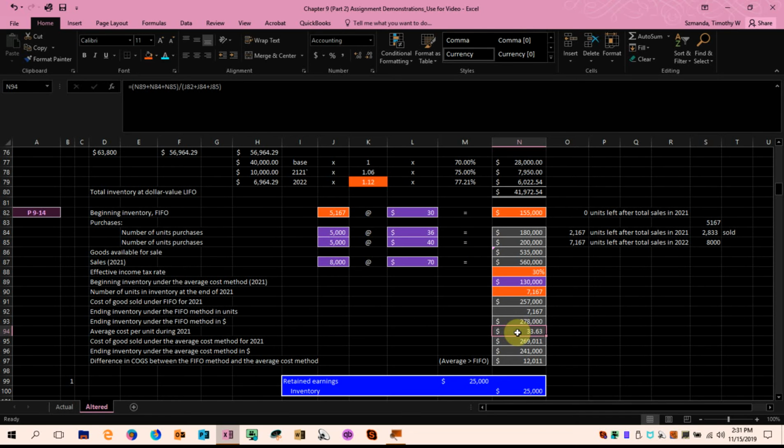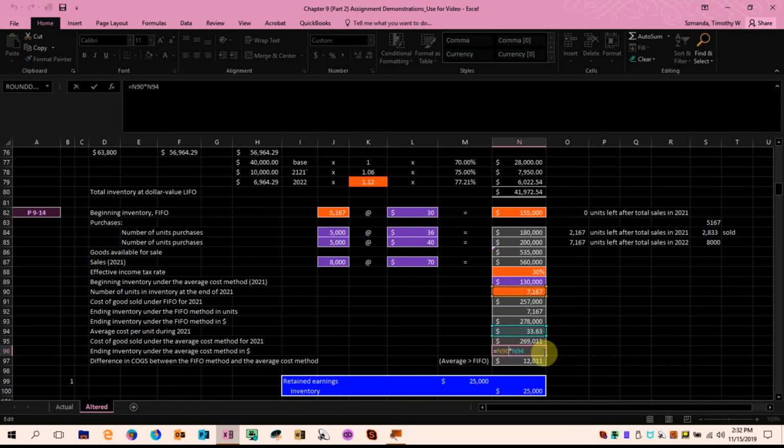Once I have the average cost per unit, I just need to multiply the 33.63 average cost per unit times my 8,000 units sold. That'll give you my cost of goods sold under the average costing method. Once I have that value, now I can determine my estimate for the ending inventory under the average cost method.